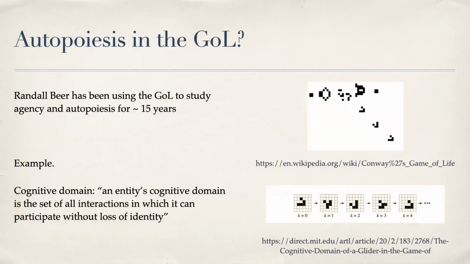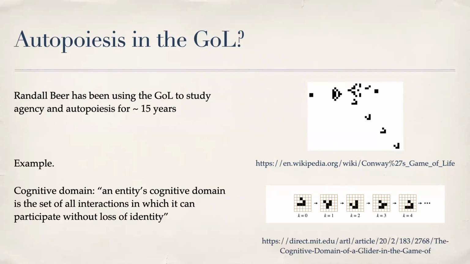Well, we are approaching almost 20 years, more than 15 I guess, of research by Randall Beer to try and understand some systems within this Game of Life through the lenses of cognitive science, biology, and agency.